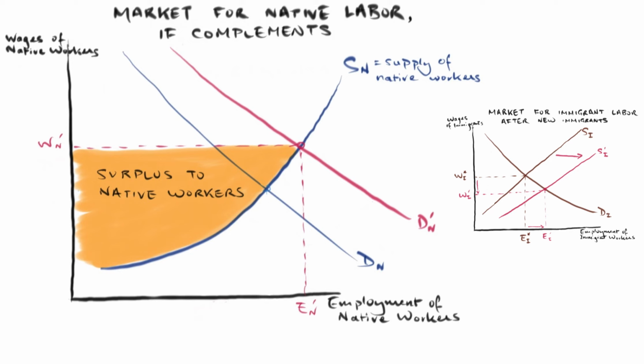And more generally, in the second model, we saw that if the two types of labor are substitutes, then the arrival of immigrants will reduce surplus to native workers. But in the third model, we talked about the case where the immigrants do jobs that are complementary to the jobs natives do. And in that case, the arrival of immigrants increases the surplus to native workers.